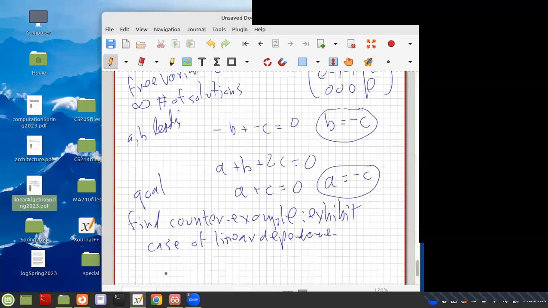Okay, well, that means let's choose. The simplest one here would be C equals minus 1, because then A equals B equals 1, right?